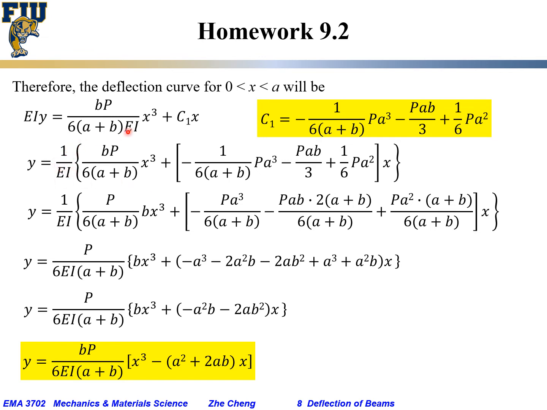We put EI in the front, so we would have bP over 6 times (a plus b) x cubed plus this C1 term, which is minus all this times x. And we can of course simplify this a little bit.